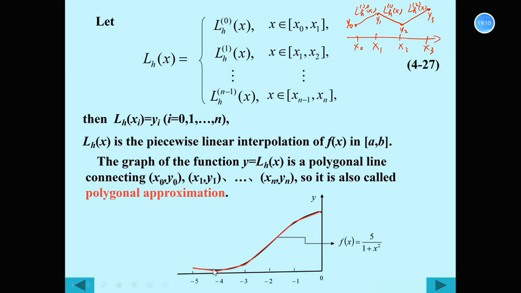Of course here we have angles, so it is not a smooth function. We sacrifice the smoothness, but we can obtain the convergence. It's okay. So this is the idea of piecewise.